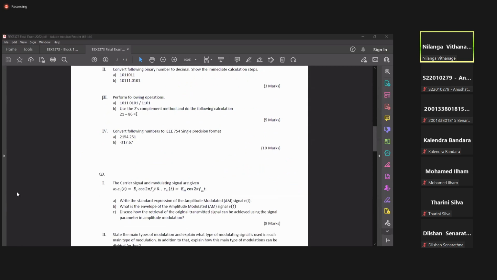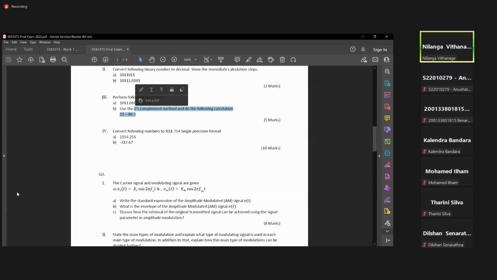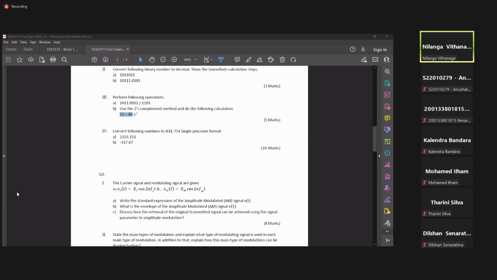These complement methods, right? So one's complement, two's complement, you have to do this again. Let me take, okay, so here these are decimal numbers now, so you can easily get the answer here, like 65 minus 65.